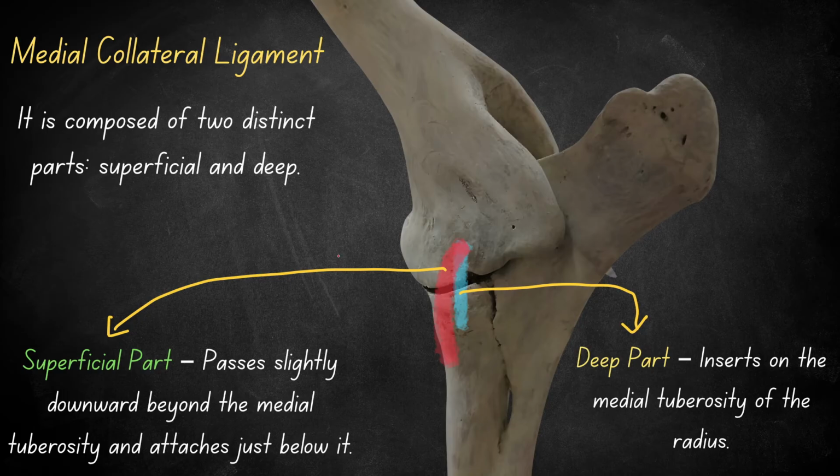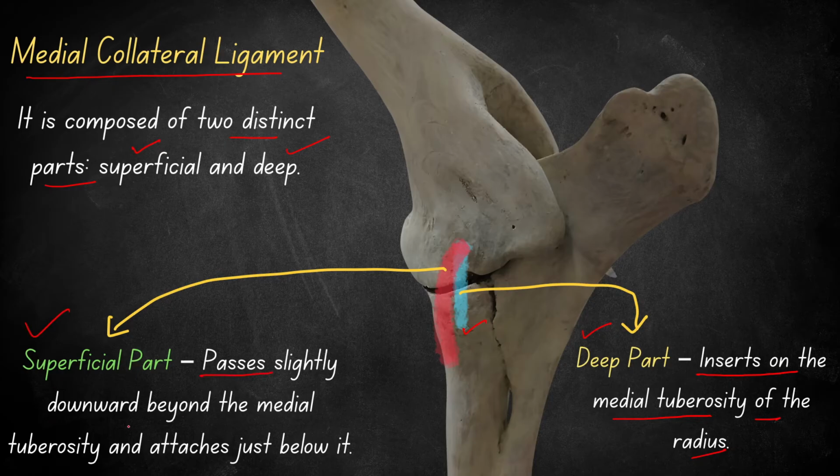Now you see, this medial collateral ligament is composed of two distinct parts: one is the superficial part and one is the deep part. The deep part is present below the superficial part, as we can see in this picture. The deep part inserts on the medial tuberosity of the radius, and just above it is the superficial part.